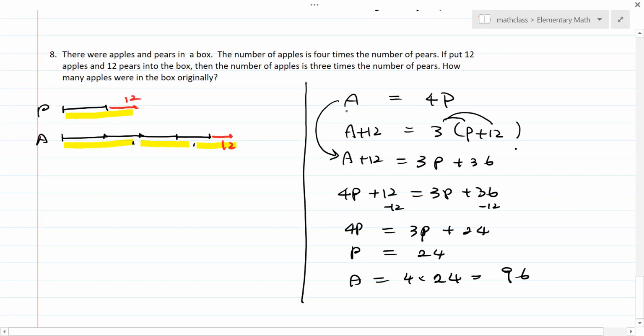So the number of apples equals 4 times the number of pears. Then you add this 12, 12, right? Then you compare both sides, you write down the relationship. Then from here, you're trying to figure out the numbers and have two unknown numbers, but as long as you can figure out one of them, you can solve it, okay?